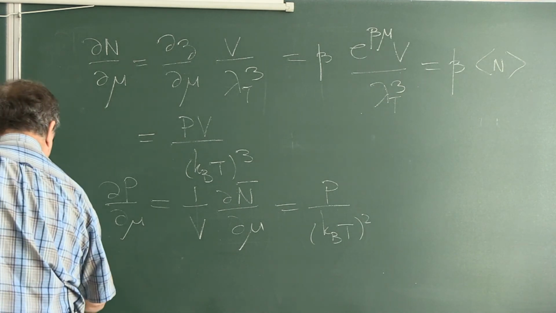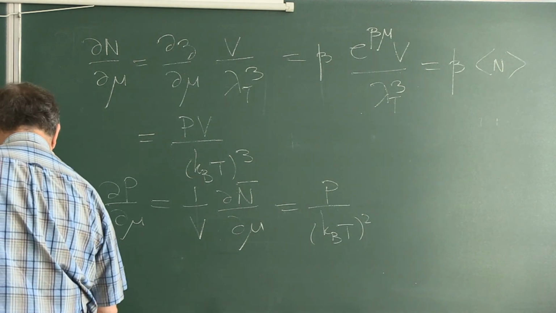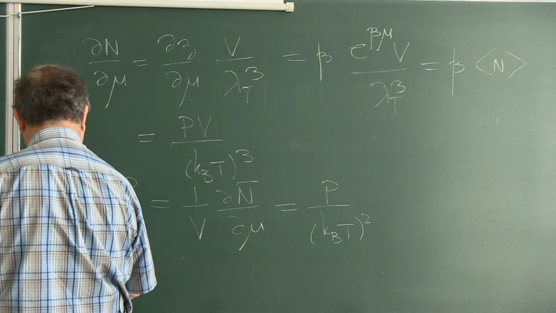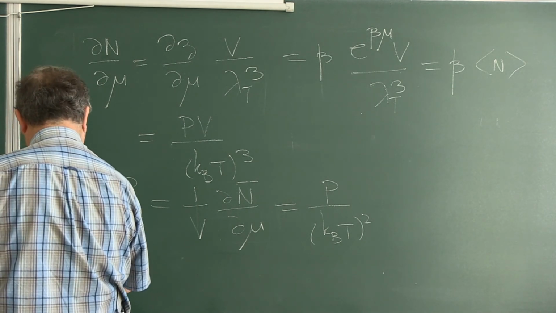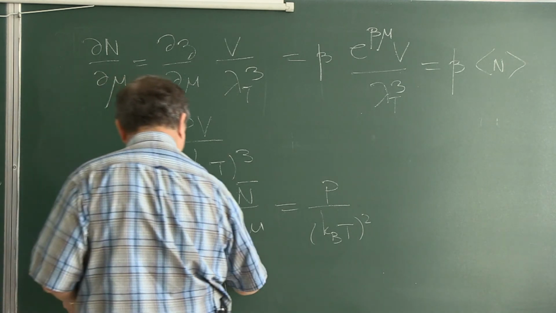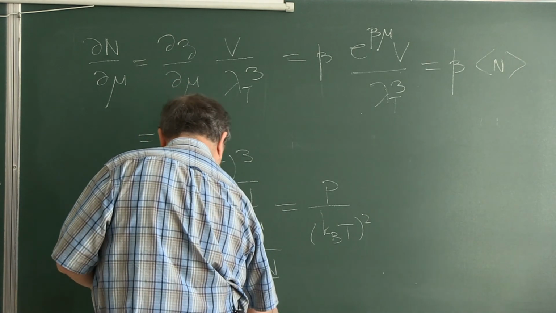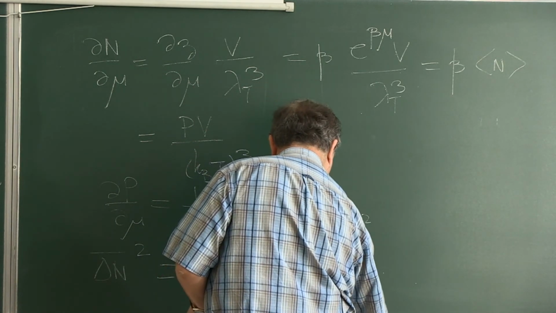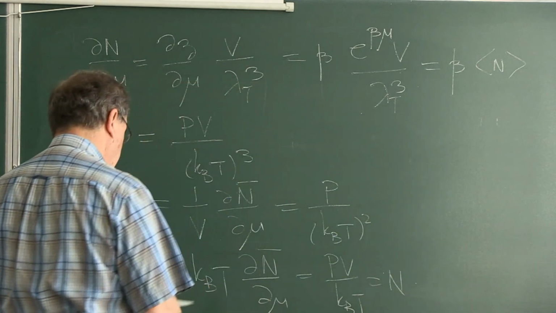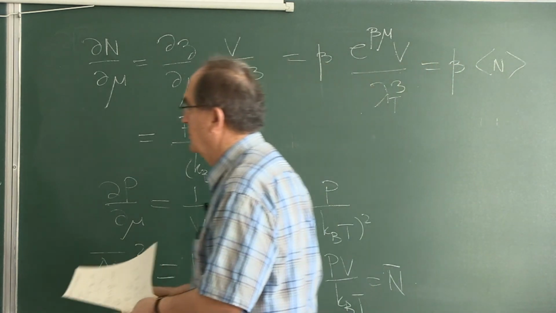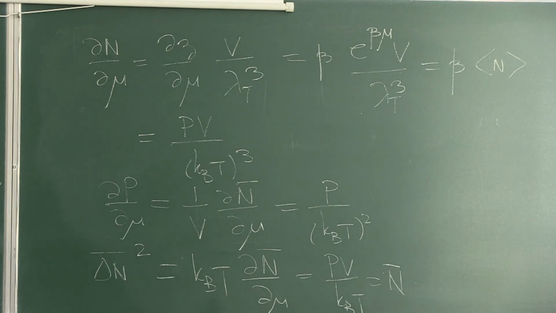So delta N average squared can be related to kB T, delta N average del mu, PV over kB T, or N bar in this case, because it is changing. So at the end, we get the following.